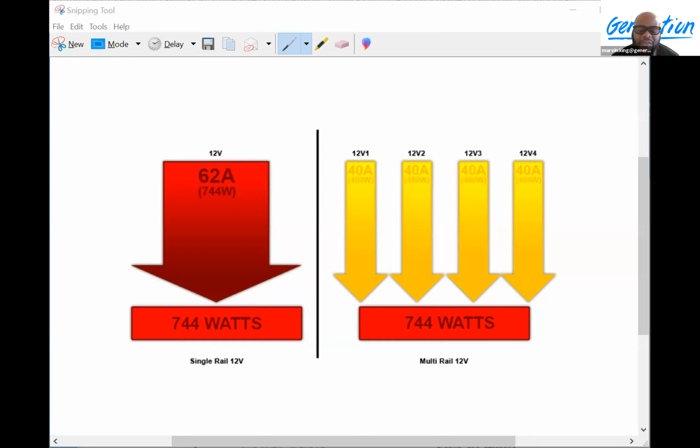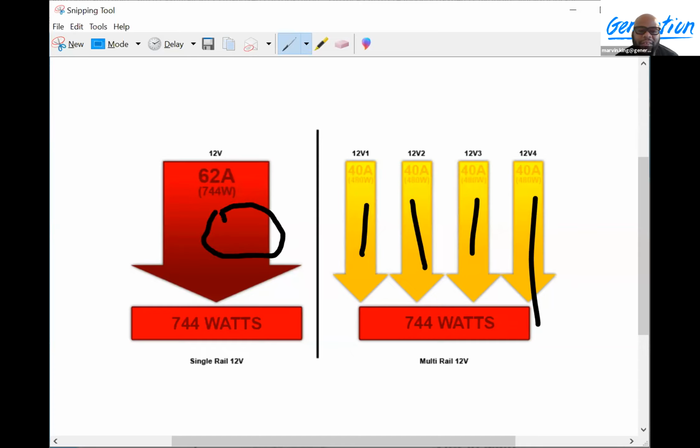As you can see in this picture, the single rail has one mode of architecture built into that power supply to deliver voltage. With the multi-rail, there are several rails identified to bring forth those 12 volts, as opposed to just one here.